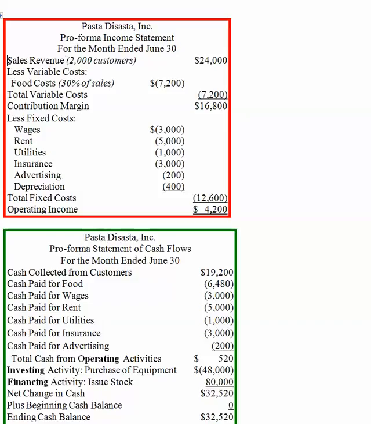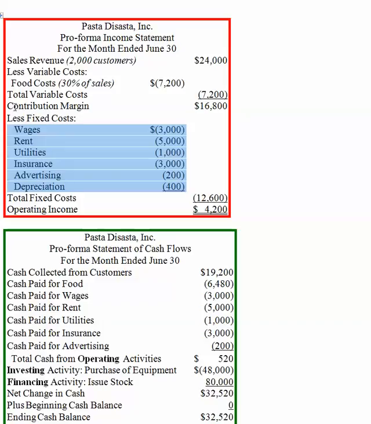So what we have here is our revenues of 24,000, and the only cost that was variable, meaning it changes in total when your number of customers increases, let's say, or decreases, is the food costs. All the other costs are fixed. Whether you have 1 customer, 2,000 customers, or 5,000 customers, these are the costs that you'll incur for the month.